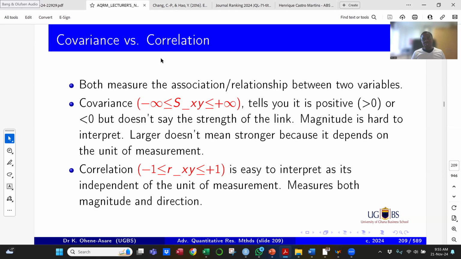So correlation looks at both magnitude and direction. That is why I always like to use correlation, even though you can use covariance. There are some situations, especially related to factor analysis and principal component analysis, where you might need covariance, but correlation always wins. Hope you understand that.